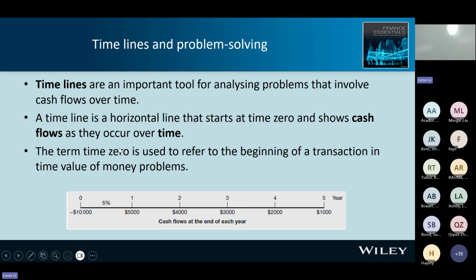And the term time 0 is used to refer to the beginning of the transaction in the time value of money problem. That means the beginning day. In the following discussion, I will always prepare a timeline when I do any finance problem. On the timeline, I can see the amount of money, the timing of money.